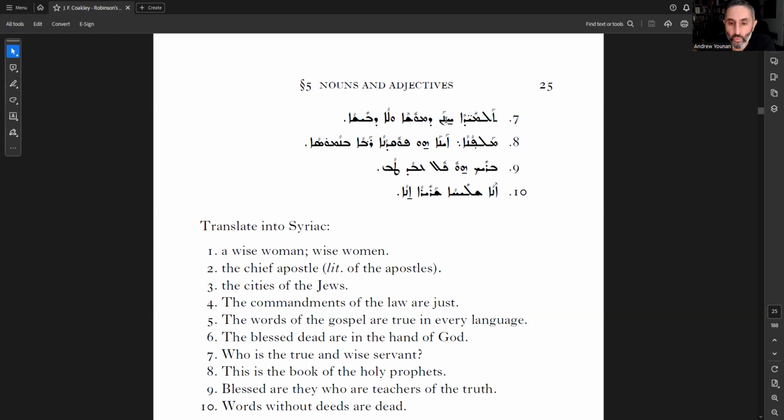We are the disciples of Moses, and not of the evil one. This is an adjective in the emphatic state used alone. So it's evil, but it's the evil one because it turns into a noun when it's used like this. We are the disciples of Moses and not of the evil one.